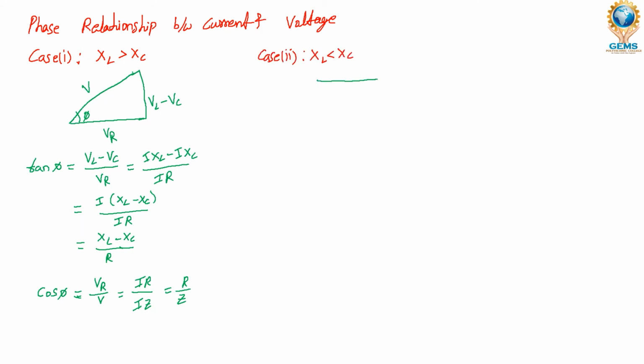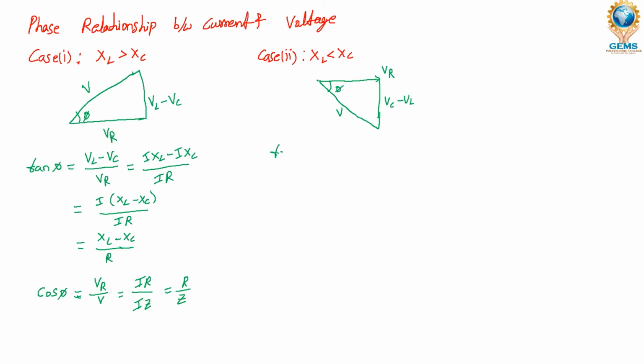In case 2, XL is less than XC. For this we have the impedance triangle: this is the VR, this is VC minus VL, this is the V, angle phi.